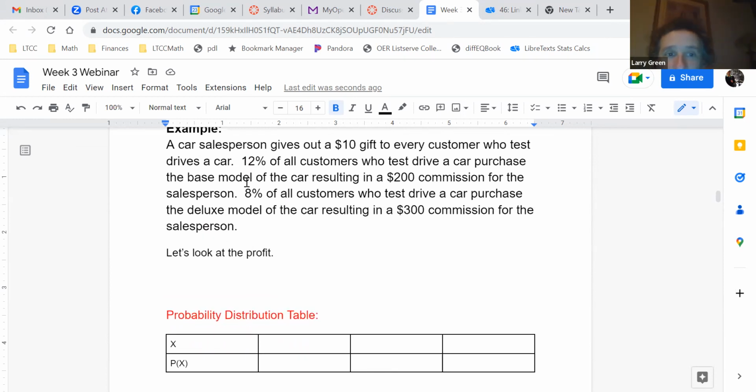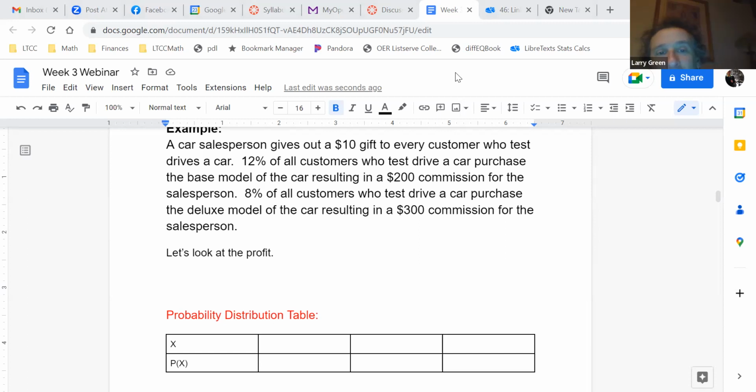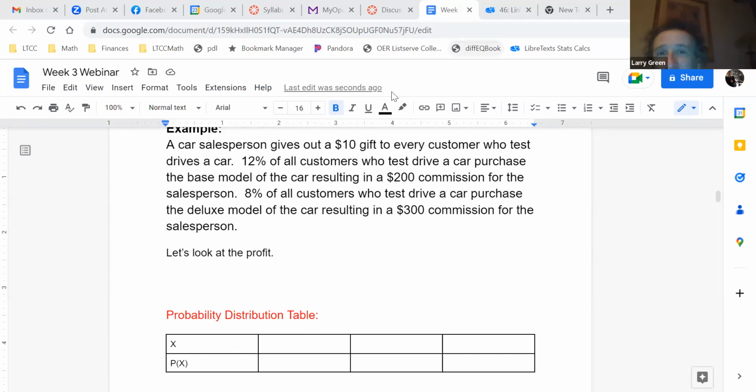Okay, one of the things that could happen is they purchase the base model. What's the profit for the salesperson for the base model? 200. Not quite. Because remember, what does the salesperson have to do at the very beginning?